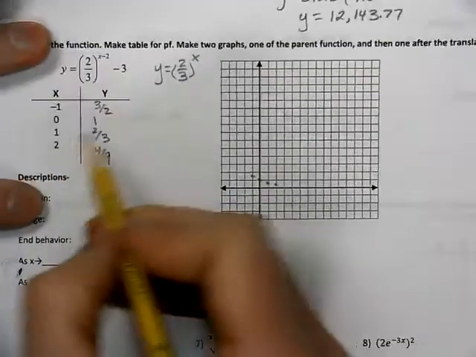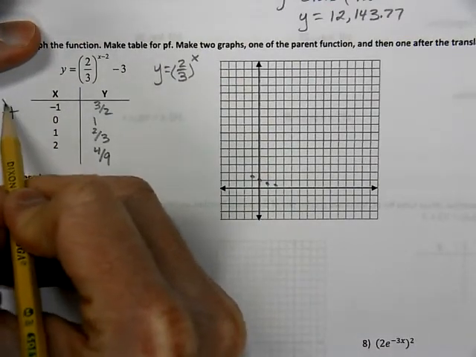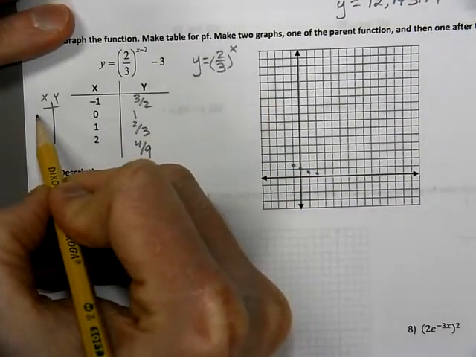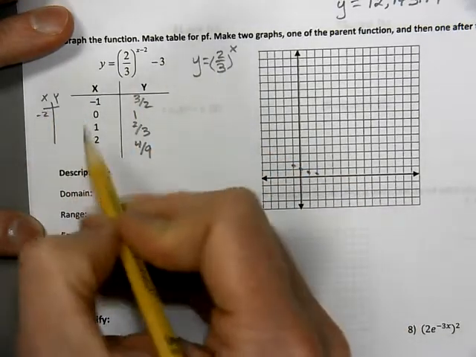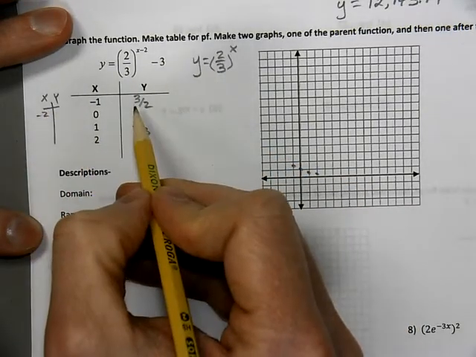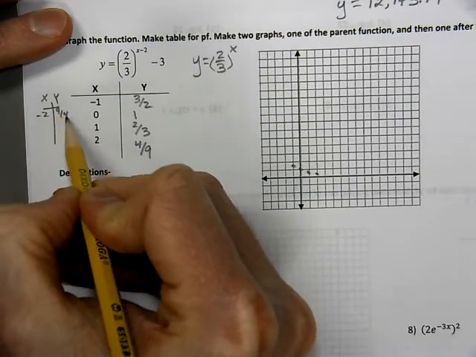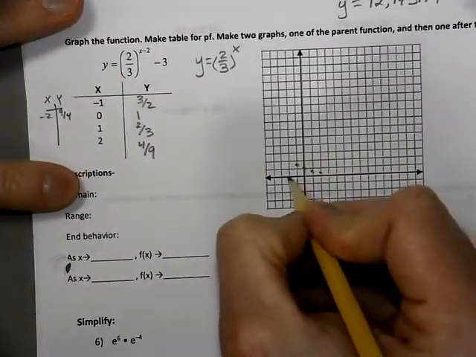Now, just to give us some more ideas of what's happening with our graph, when x is -2, we would flip that over and get 3 halves, and then we would square both of them to get 9/4. And 4 goes into that 2 1/4.